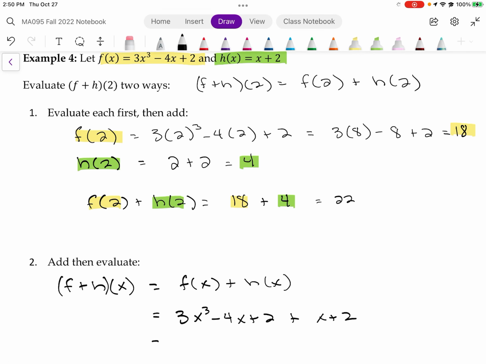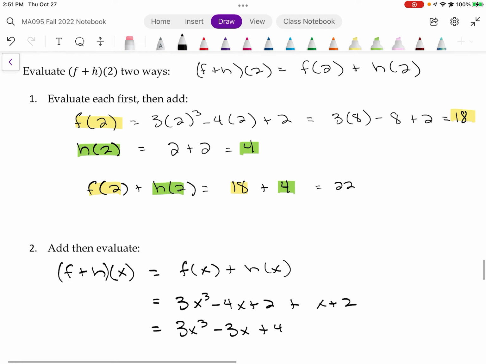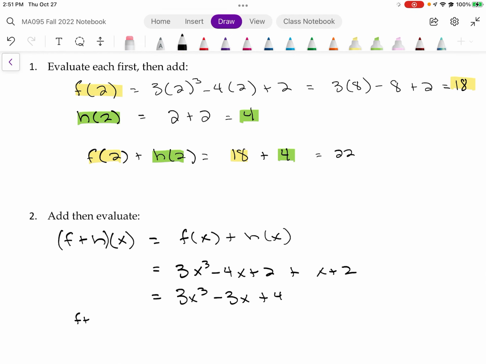All right, so I get 3x cubed minus 3x plus 4. All right, now I'm going to find f plus h, that's what I just found, f plus h of 2. All right, so I'm going to say 3 times 2 cubed minus 3 times 2 plus 4.